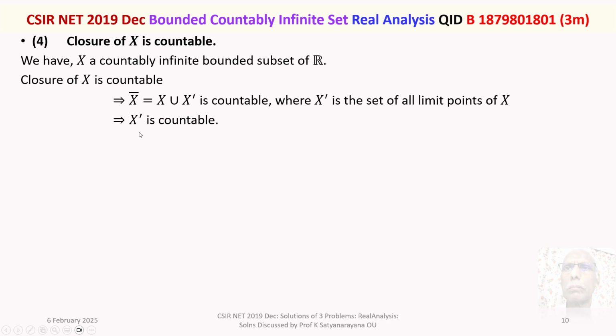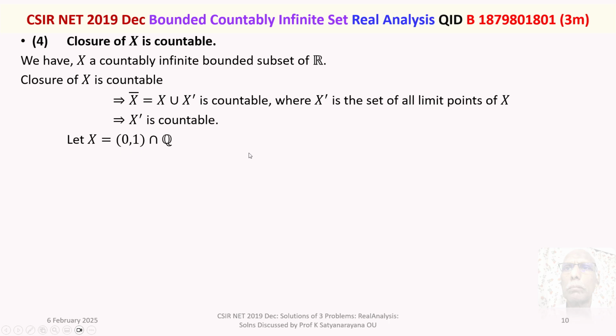So we have to look for an example: X a countably infinite bounded subset of R, but the set of all limit points is not countable. So consider X equal to the open interval 0 to 1 intersection Q, the set of rational numbers. That means we are considering all rational numbers in the interval 0 to 1.